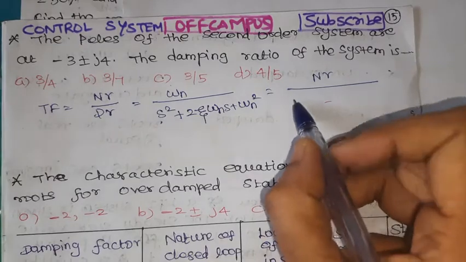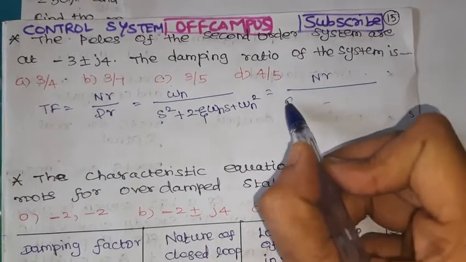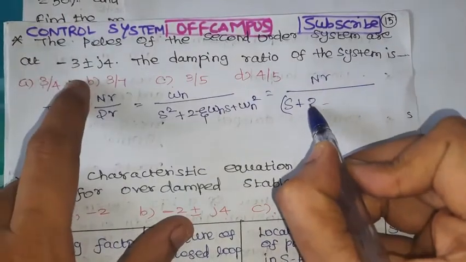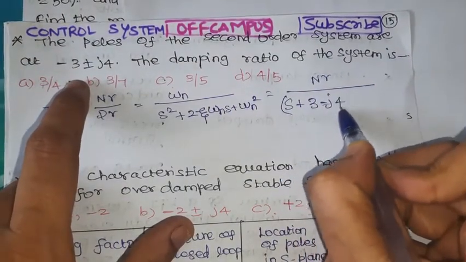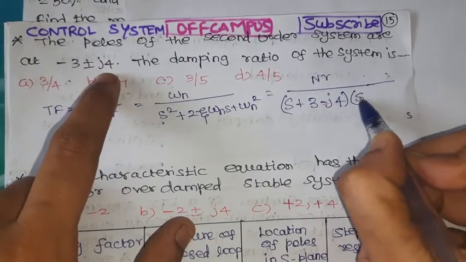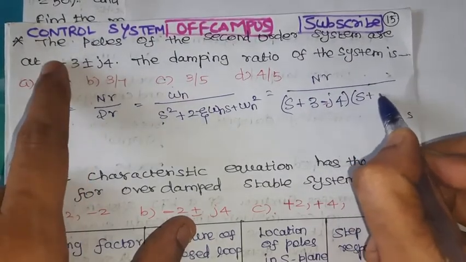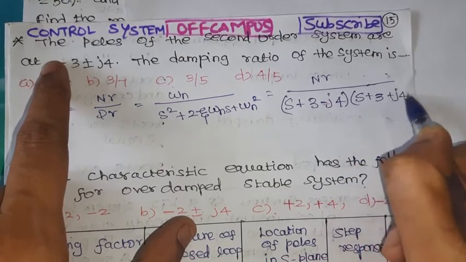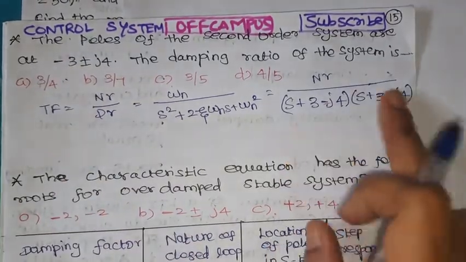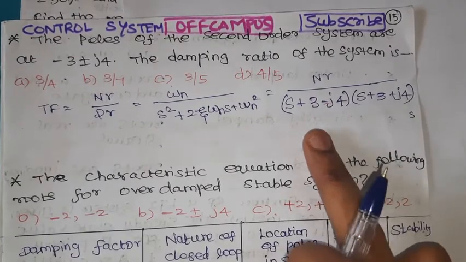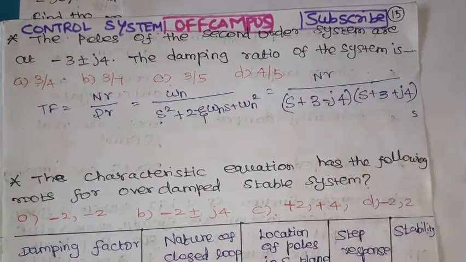So, how can we write this term? (s plus 3 minus j4) into (s plus 3 plus j4). These are the roots, because when we equate this to 0, we get s equal to minus 3 plus or minus j4.